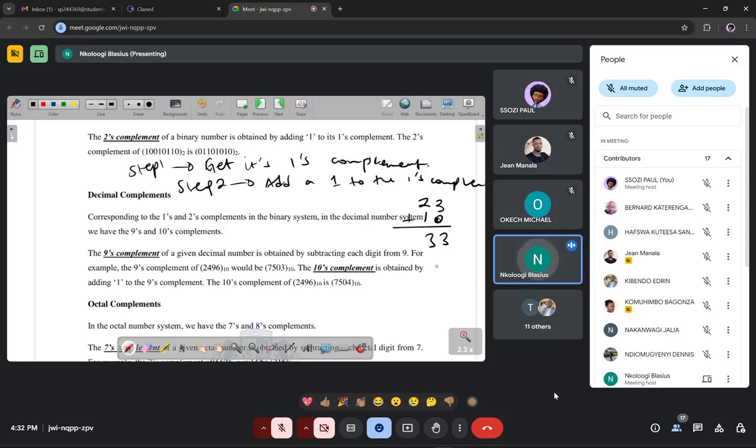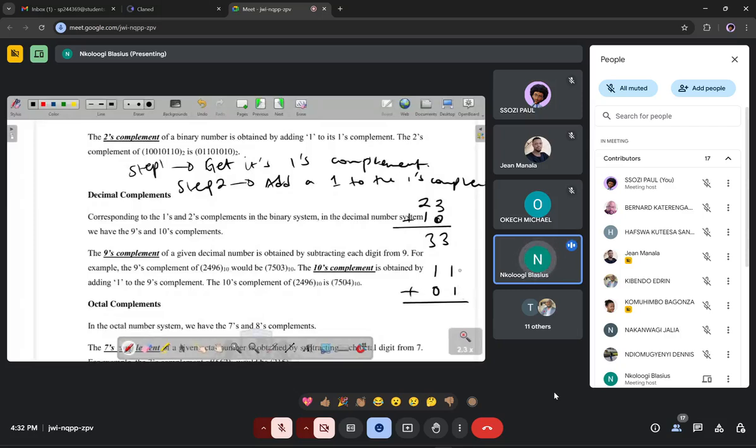What about if I wanted to add binary like this? Let me start with this. If I wanted to add 1, 1, and then 0, 1.